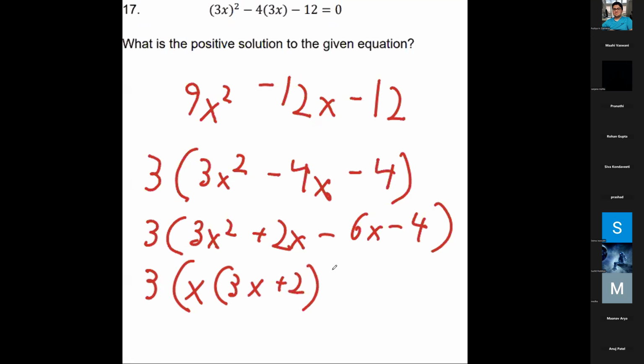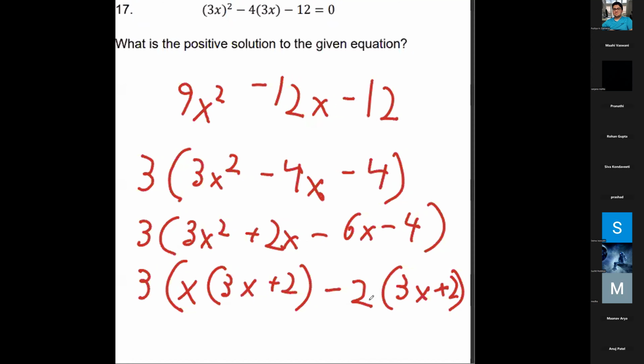Minus, and then for this part, we can factor out 2. So that would be 2 times 3x plus 2? Yes, because this negative 2 times 3x would be negative 6x, and negative 2 times positive 2 is negative 4.